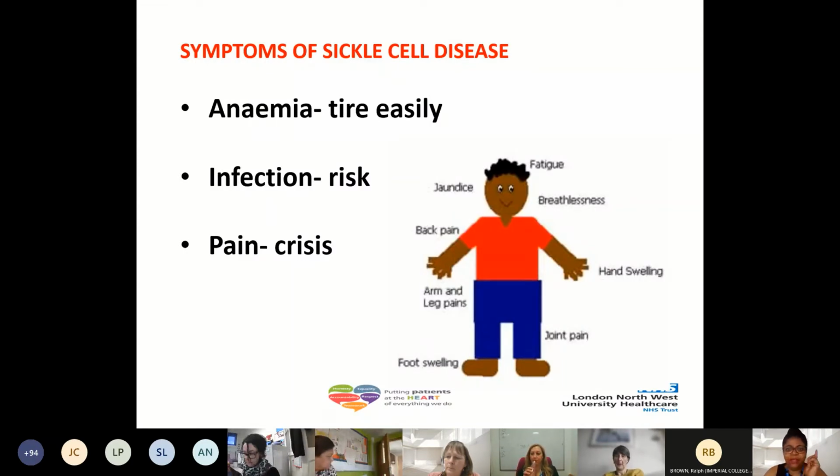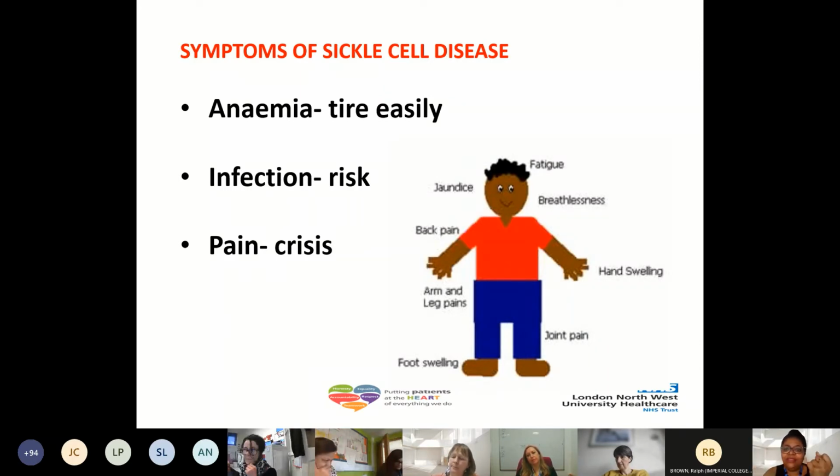So as you can see in the picture here, we've talked about the anemia. This person with sickle cell will be fatigued most of the time. They may have jaundice, yellow eyes, a yellow tinge on their skin possibly, because of the destruction of the red blood cells coming out into the liver. They may be breathless, they may have back pain, because remember the sickle cells go everywhere, and they can experience sickle cell pain crisis anywhere in the body where the blood goes.